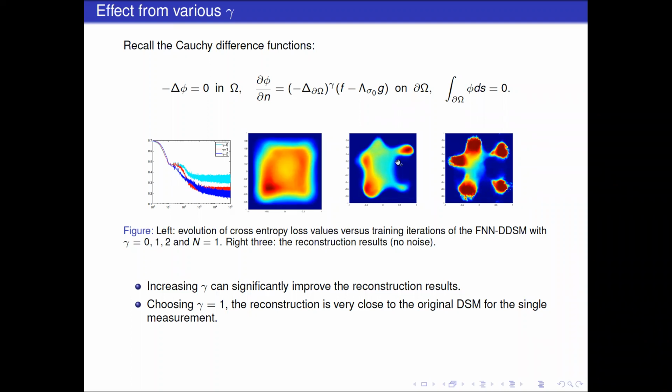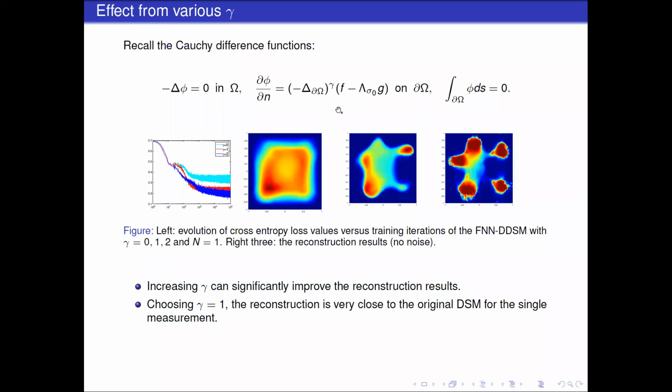This is very interesting, especially this one for gamma equal to 1, where the behavior is really close to the original DSM. So you see, even though it's just a simple linear operator, if you do not add this kind of structure to the neural network, the neural network still cannot capture it.